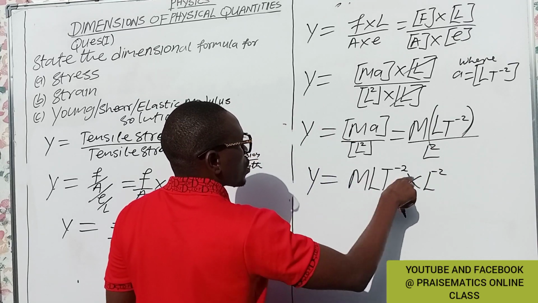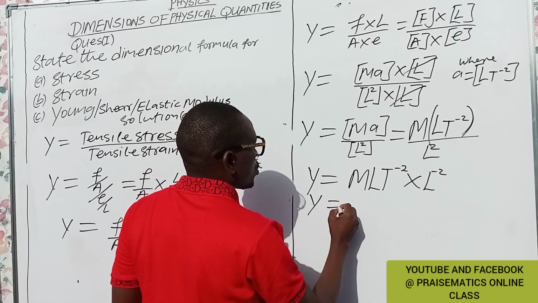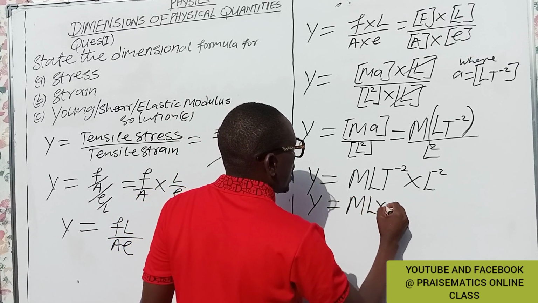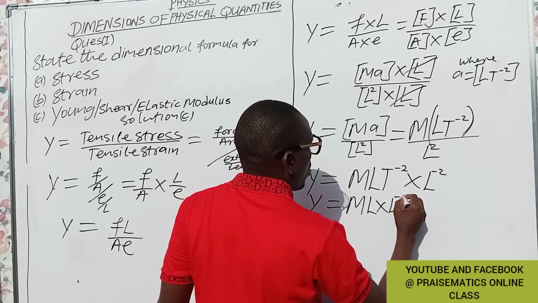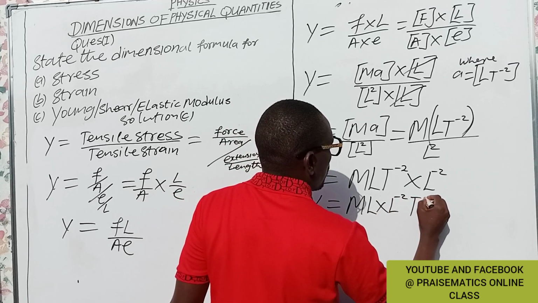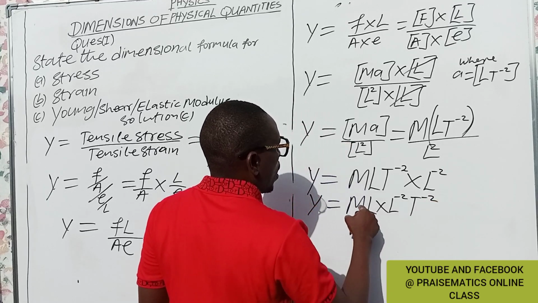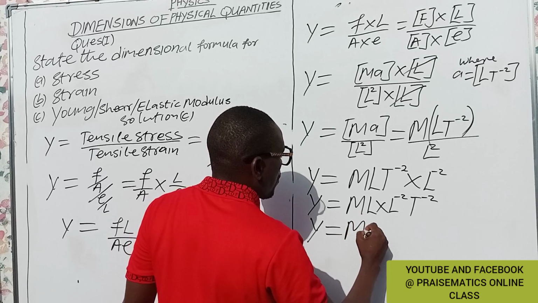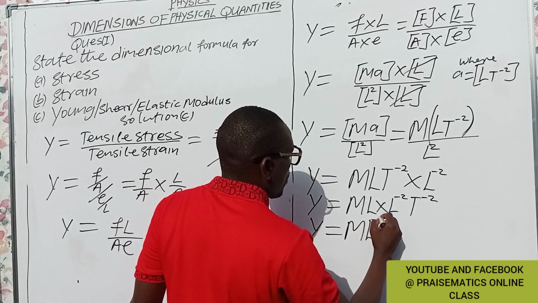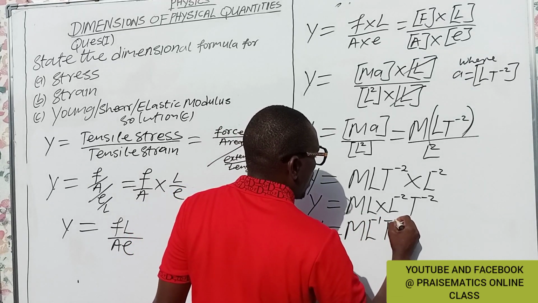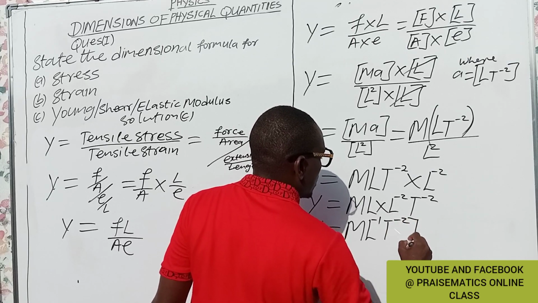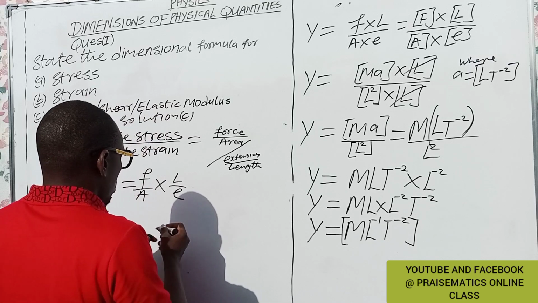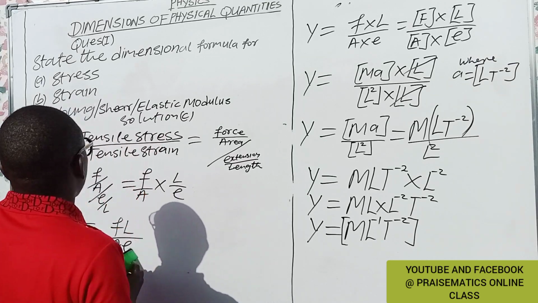We have collection of like terms. Young modulus is equal to M into L times L raised to power minus 2 times t raised to power minus 2. By law of indices, this gives us M into L raised to power minus 1, t raised to power minus 2. And that is the dimension of Young modulus.